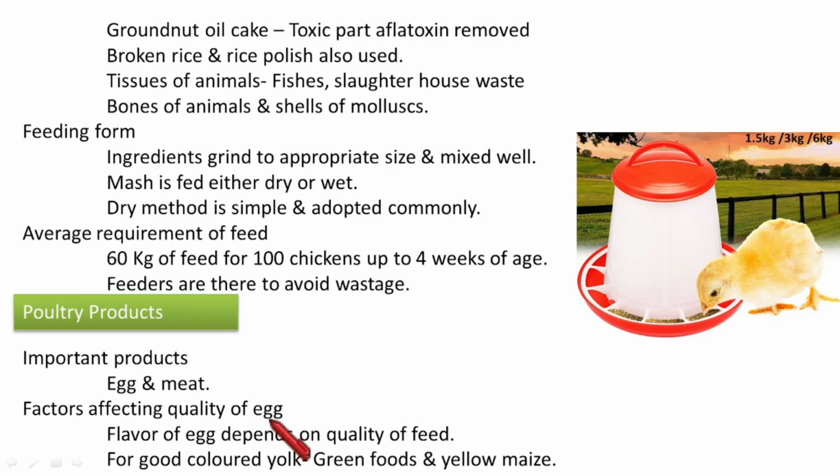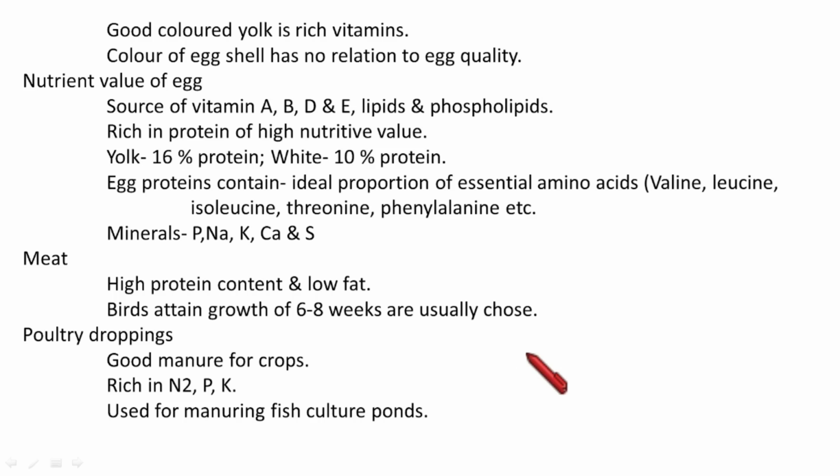Which factors determine the quality of the egg? It certainly depends upon the feed we are giving. For a good colored yolk, we need to feed the chickens green foods and yellow maize, and a good colored yolk means it is rich in vitamins.